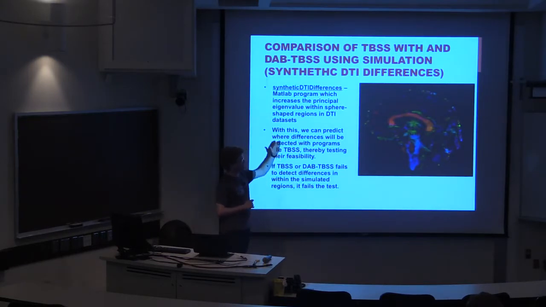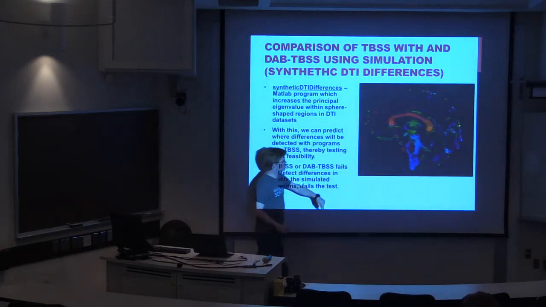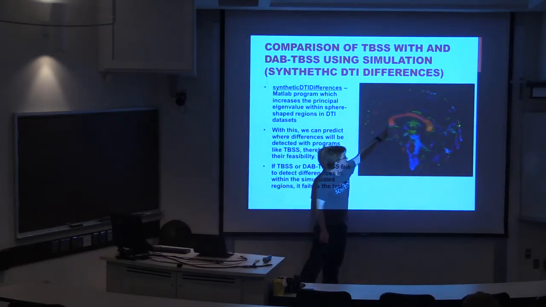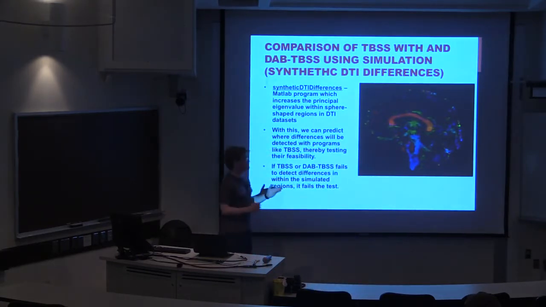in which I give it 20 subjects, and I select a sphere-shaped space for each subject, and then what it does is it increases the principal eigenvalue by 5, 10, 20%.